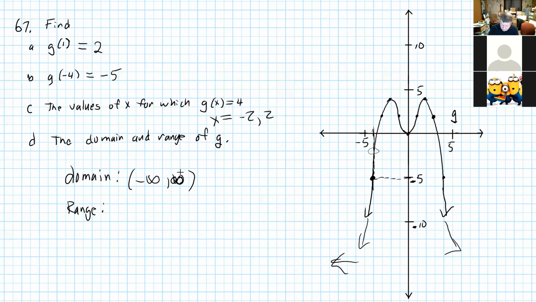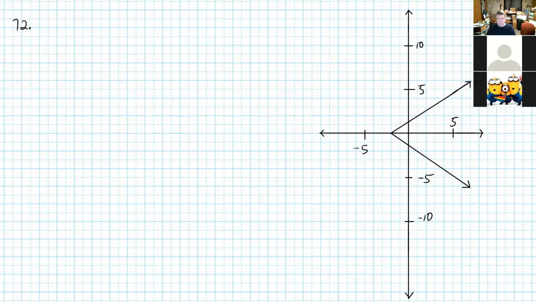Negative infinity to 4. What's going to happen at 4? Bracket. Okay? So far, so good?